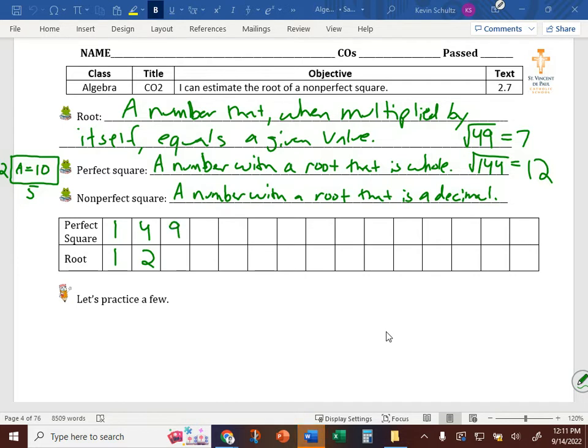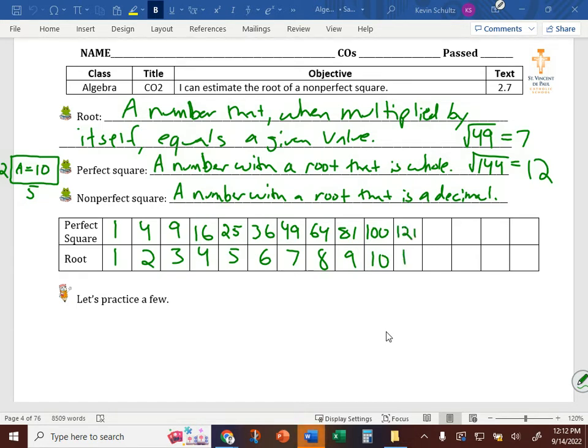The root of 9 is 3. The root of 16 is 4. What will come next? The root of 25 is 5. Root of 36 is 6. Root of 49 is 7. Root of 64 is 8. Root of 81 is 9. Root of 100 is 10.